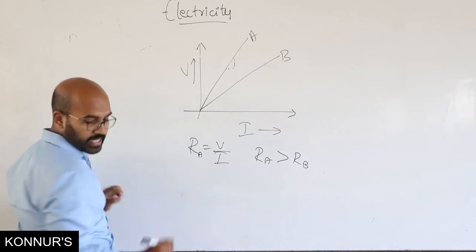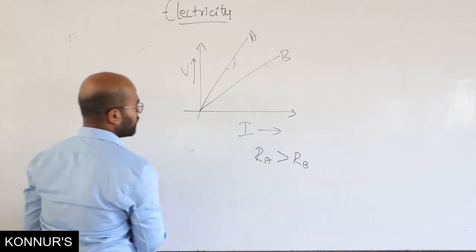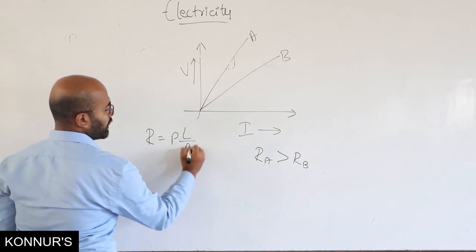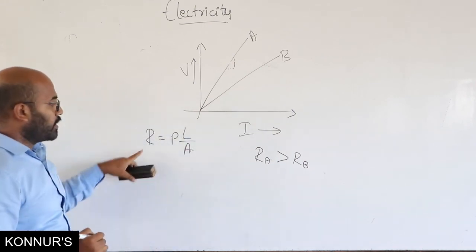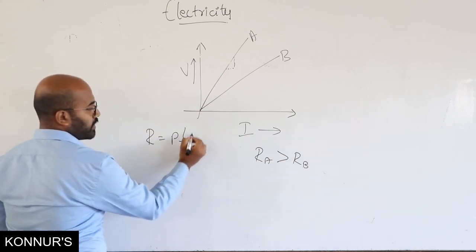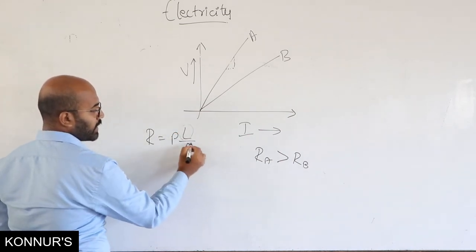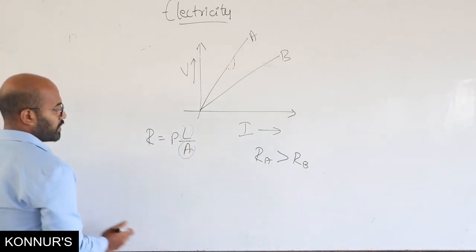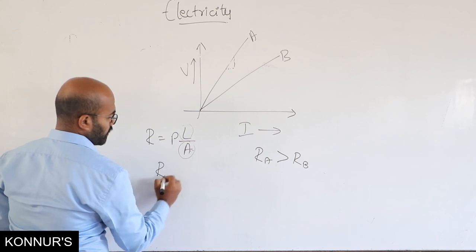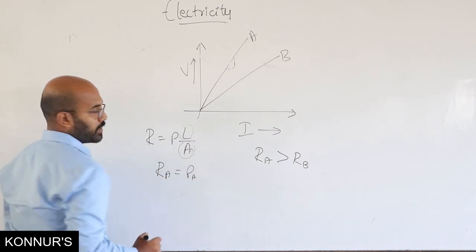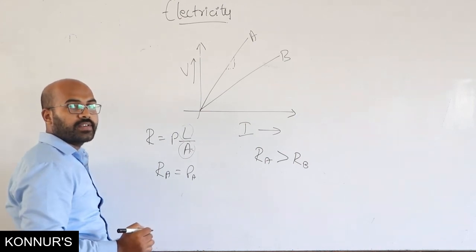If you take the expression, that is resistance is equal to rho L by A. If you take this expression, what they have given, the length and the thickness. The length and the thickness are same. So that is, if you take RA, it will be rho A, because it is a resistivity of material.